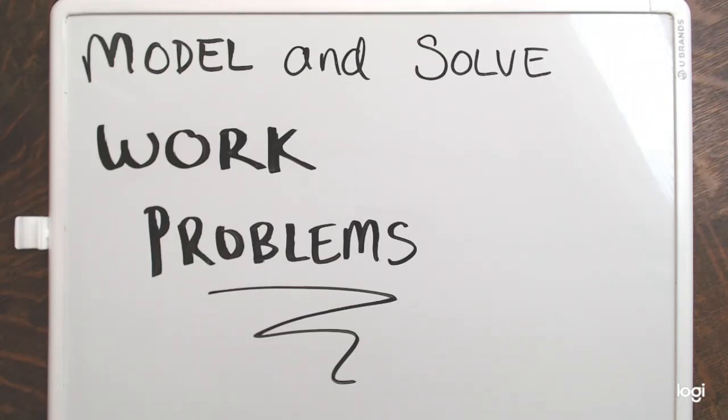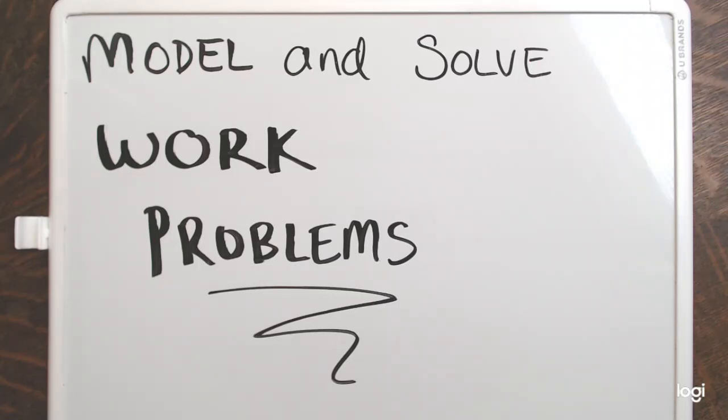I'll write out what we're going to be working on when I talk about work. These are work problems for which people are working at a constant rate, meaning that they're doing the same amount of the job for every unit of time.